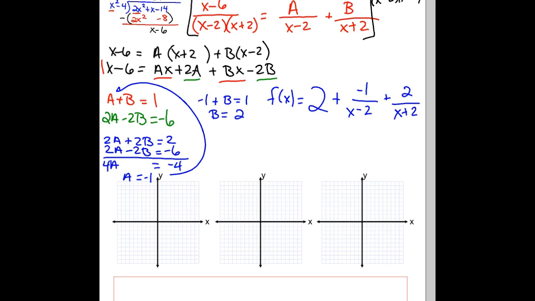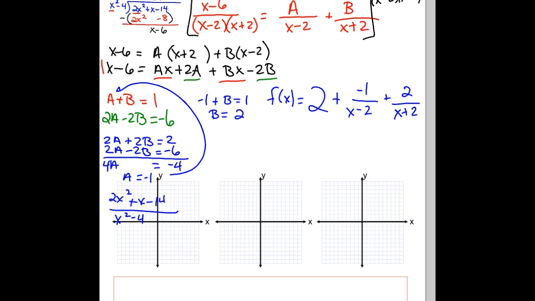Now, I'm going to take this in pieces. Let's go back to the original way it was written. And that was, we had 2x squared plus x minus 14 over x squared minus 4. If we were analyzing asymptotes, we said the denominator factored into x plus 2 times x minus 2.